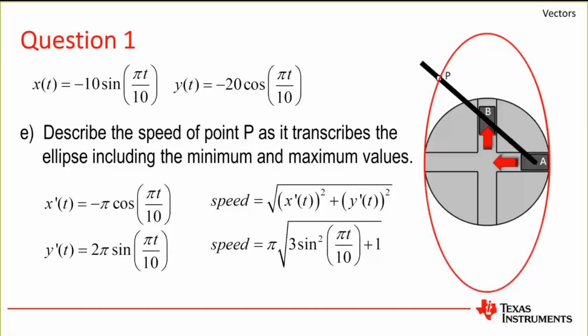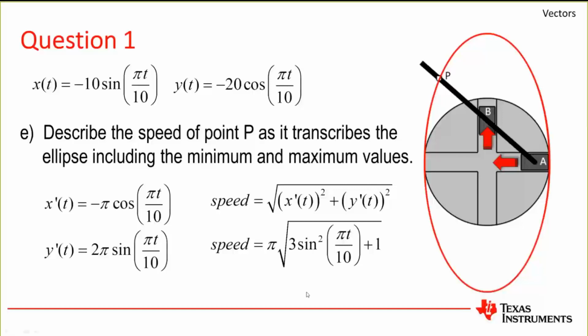Now I can get those from the calculator, or I can substitute values in. Hopefully you can see that when t equals 0, sine squared will be 0, so we'll get 1. And the maximum is going to be when sine of whatever it is equals 1, which will give us a maximum speed of 2 pi.